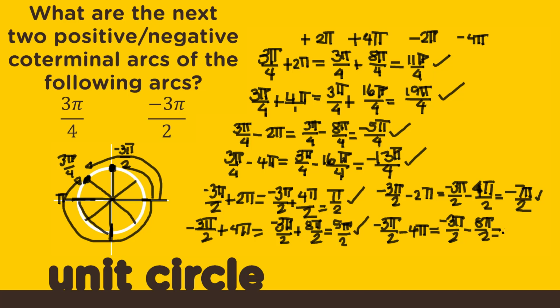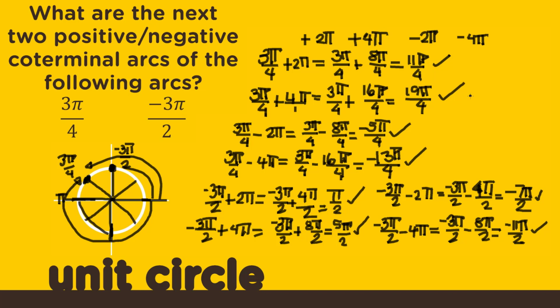So negative 3 minus 8 is negative 11 pi halves. Let's find out. Movement is negative, clockwise. 1, 2, 3. That's a given. 4, 5, 6, 7. That's the first negative. 8, 9, 10, 11. That's the second negative coterminal arc of negative 3 pi halves.